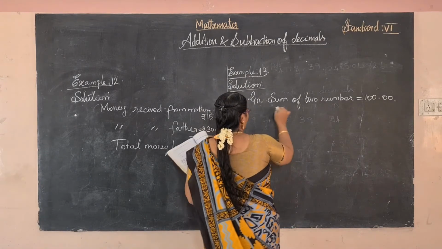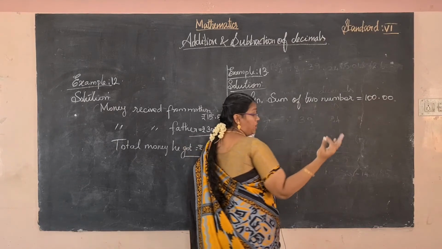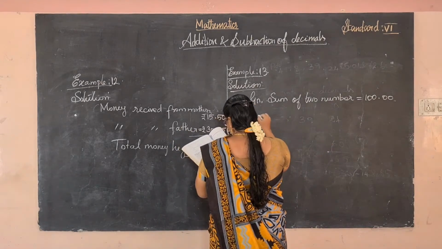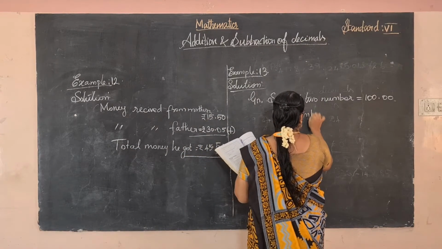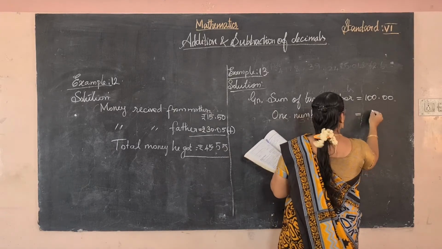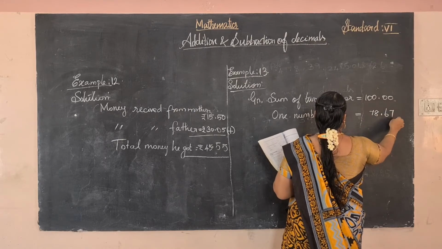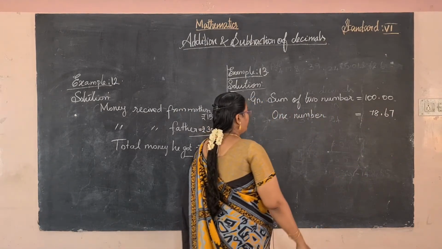After the decimal point, 0 is not valid. Okay, right. And one number, what is the one number? The one number is 78.67. You have to find out the other number.